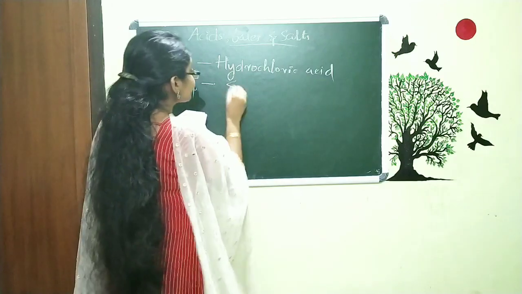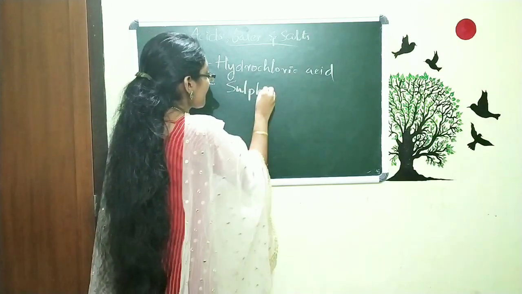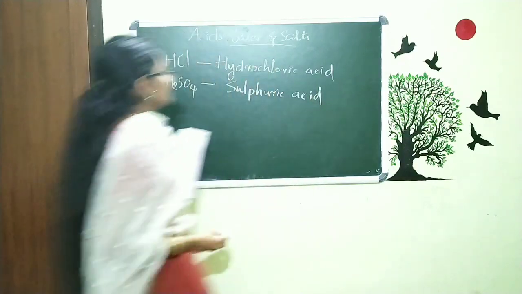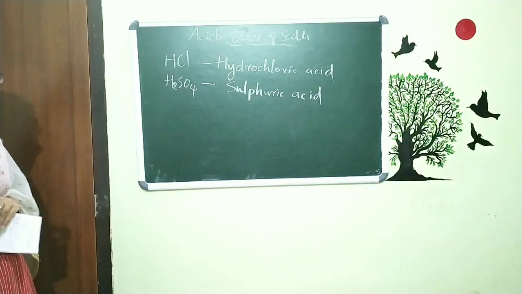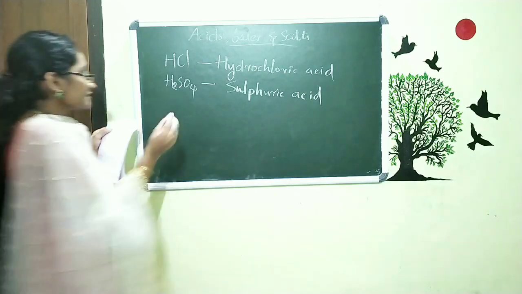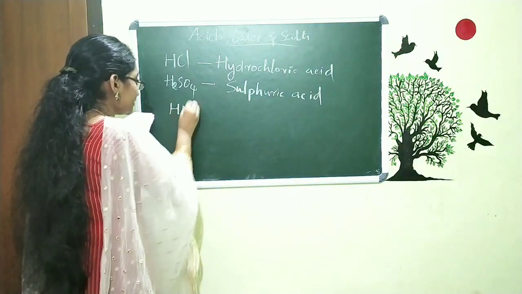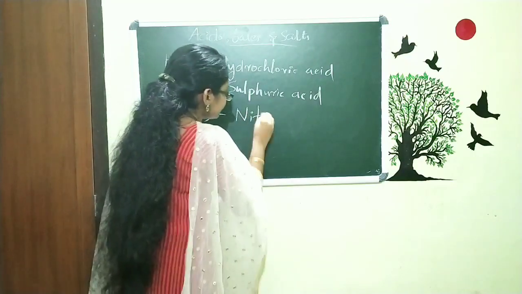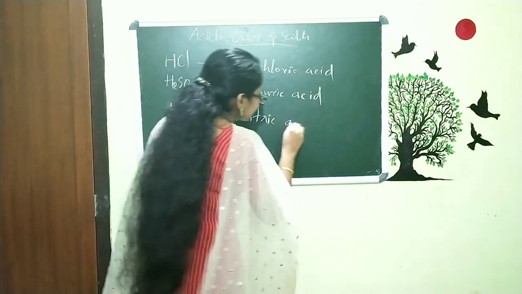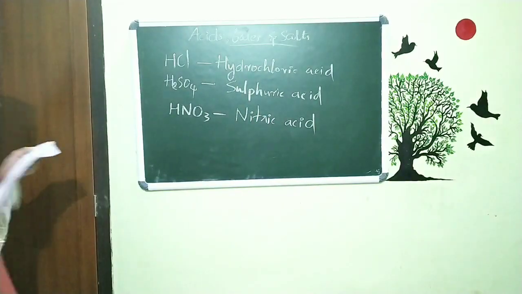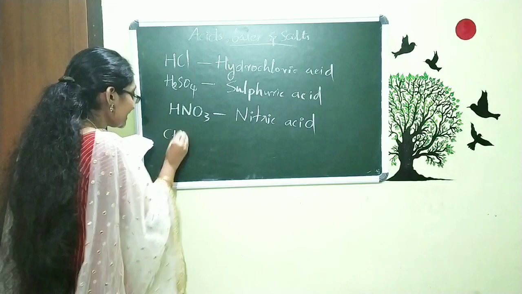H2SO4 is sulfuric acid. HCl is hydrochloric acid. H2SO4 is sulfuric acid. The next one is HNO3, nitric acid.